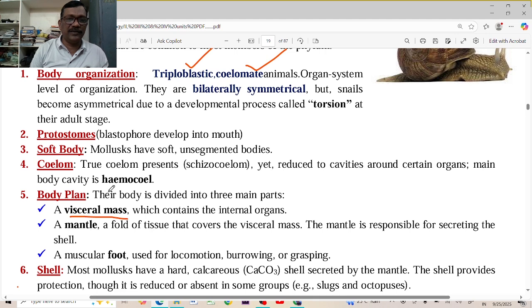That coelom is filled with hemocoel, meaning blood, because there are no blood vessels in the molluscans. In this hemocoel or hemocoelom, all the internal organs, called the visceral organs, are located.